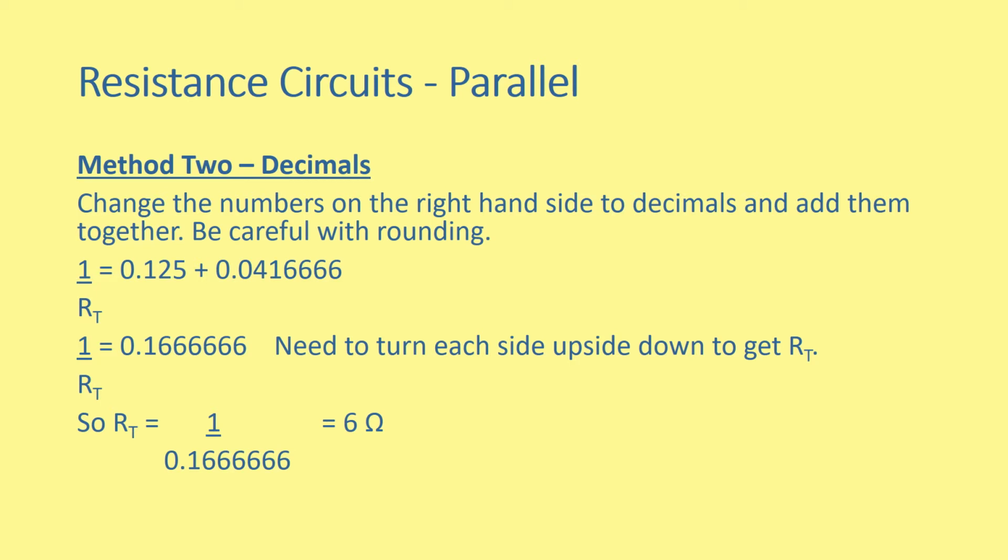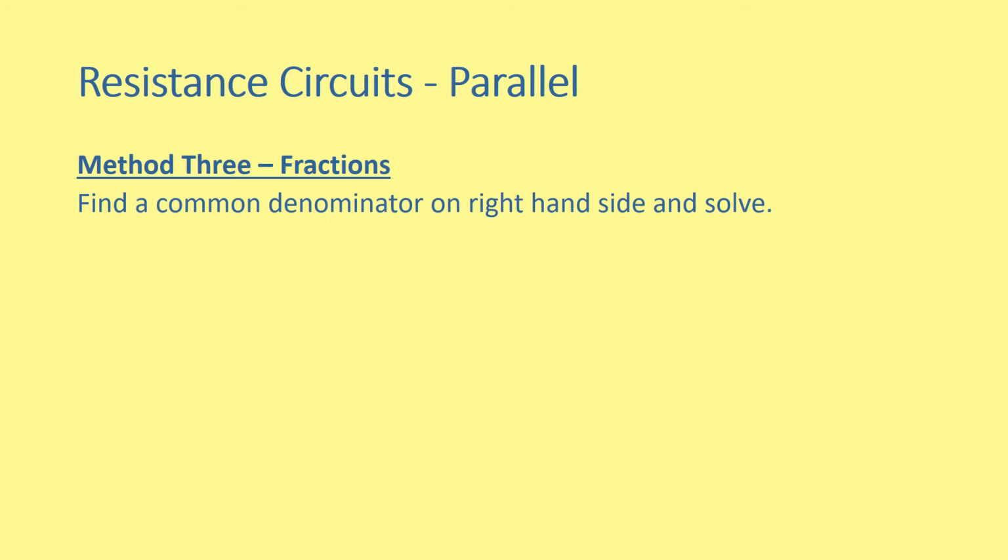Now, both of these methods can be a little bit messy. They depend on you not rounding wrong, not rounding too soon. So another way which you might find a little bit simpler is by taking the resistance and using fractions.